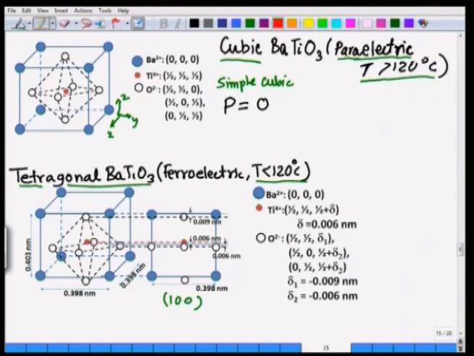The consequence is that in this particular material, P will not be equal to 0. There will be a net polarization or net dipole moment in the cell, and in the material there can therefore be a net polarization. So, this particular material therefore acquires ferroelectricity. Ferroelectric.